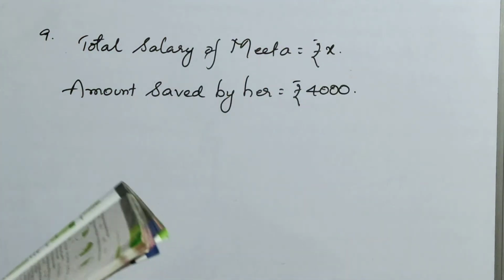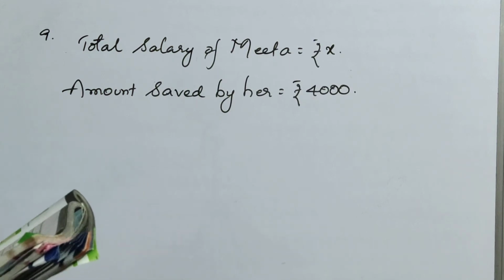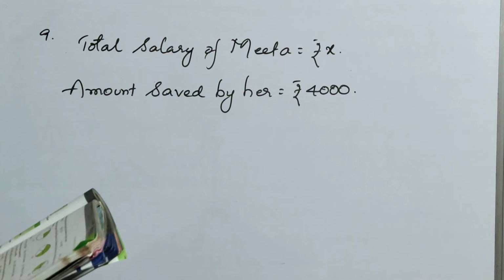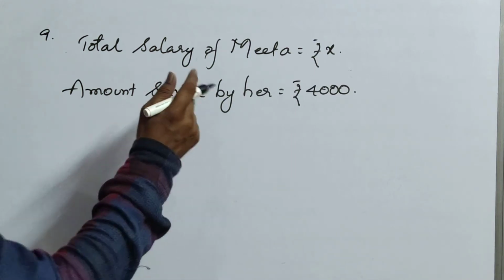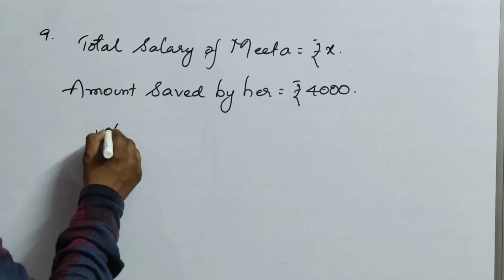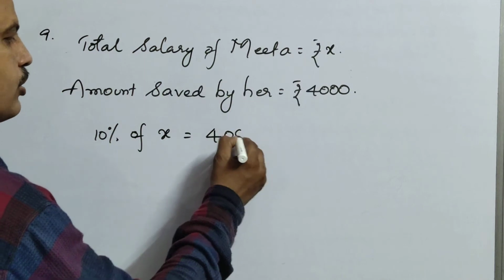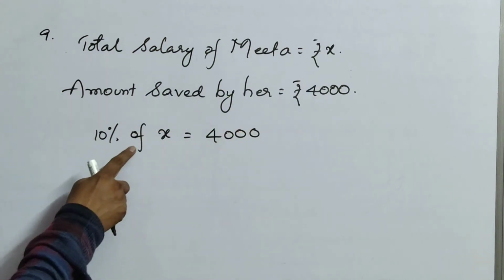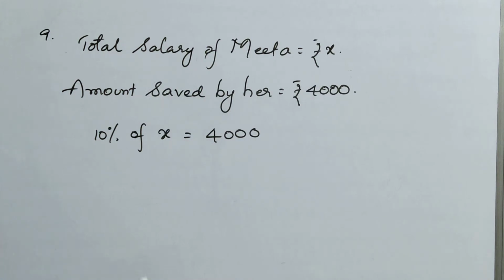Now, 10% of her salary is her savings of 4,000, which means 10% of X equals 4,000.